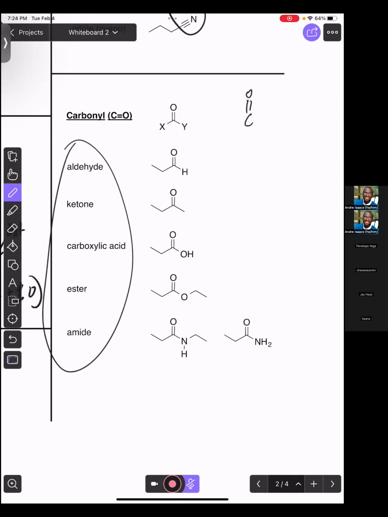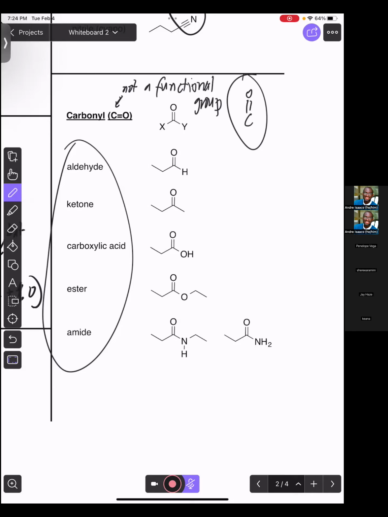So carbonyl is not a functional group, just to remind you all. It's just a unit that other functional groups have, and it's this unit. So how do we recognize all the functional groups that have this unit?